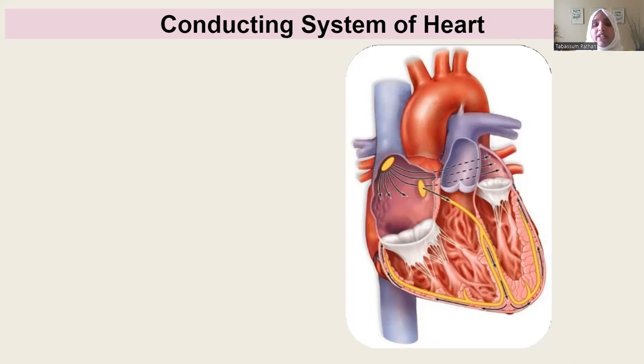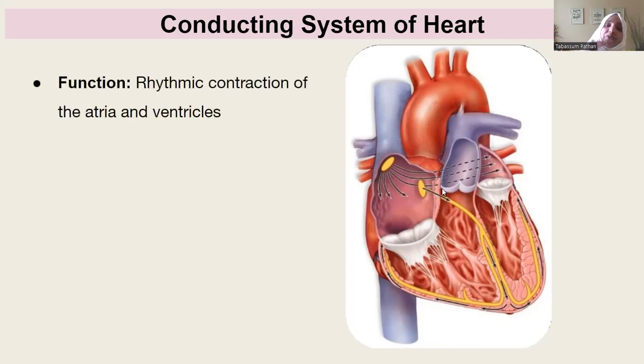How all this is brought about, you're going to see in the coming videos. In this video, we will first talk about the tissues or special muscles that bring about the contraction and relaxation. Basically, the function of the conducting tissues is to bring about rhythmic contraction and relaxation of the heart.